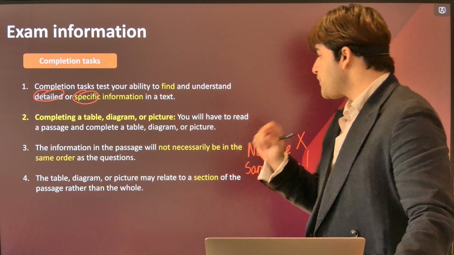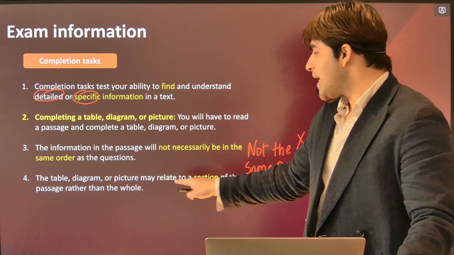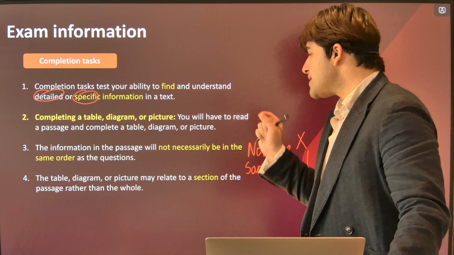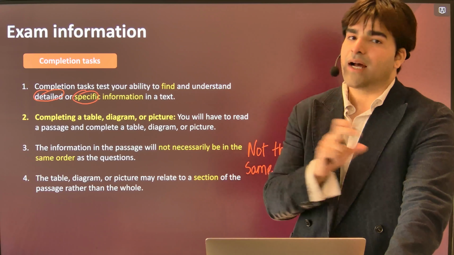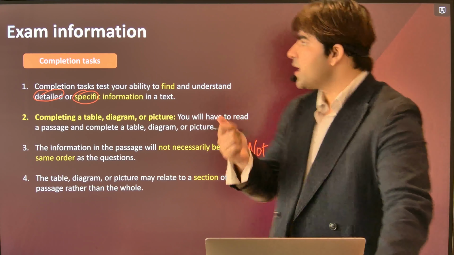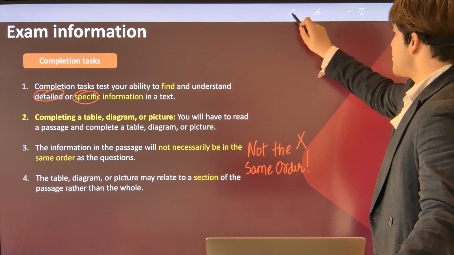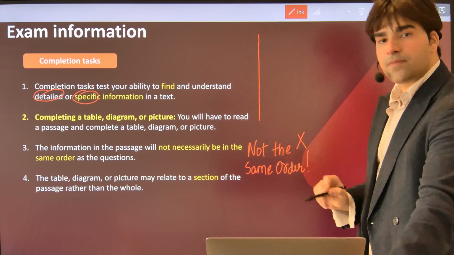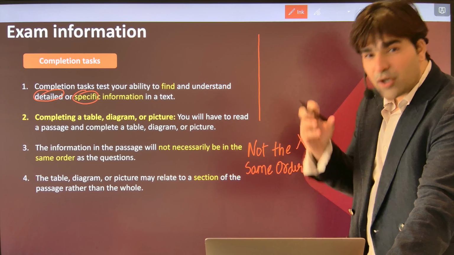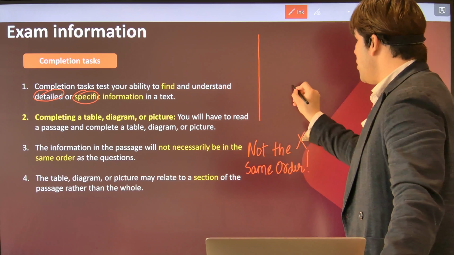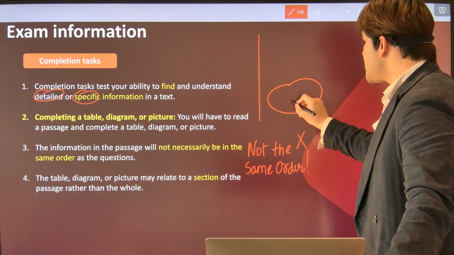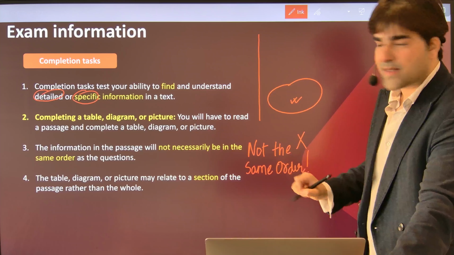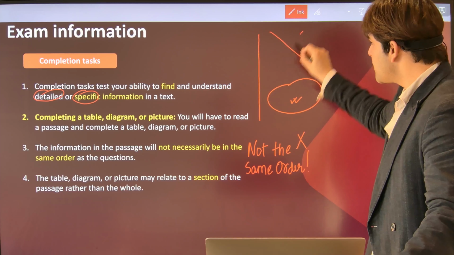Point number 4. The table, diagram or picture may relate to a section of the passage rather than the whole passage. What does that mean? Imagine this is your whole passage. But the question that you have, the answer of that question may only be in this part of the passage and not the whole part.